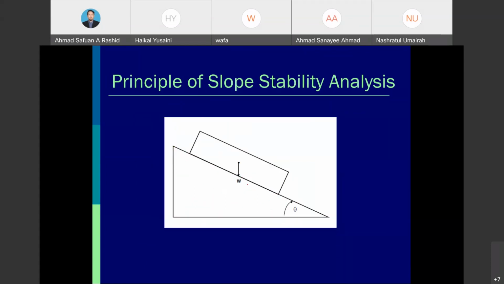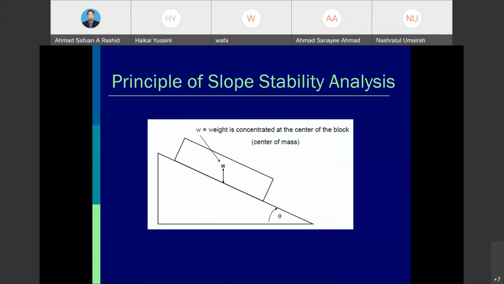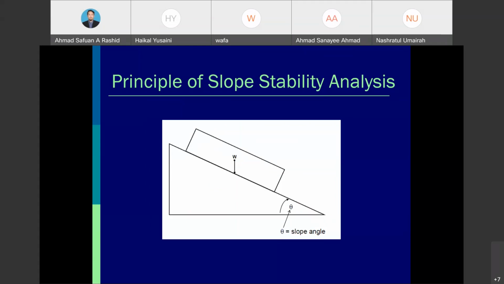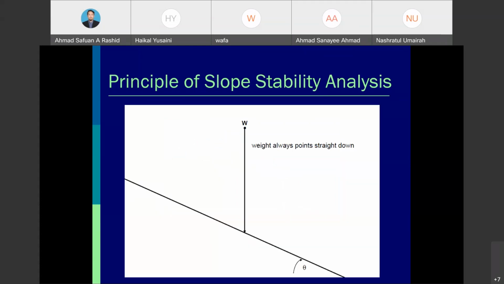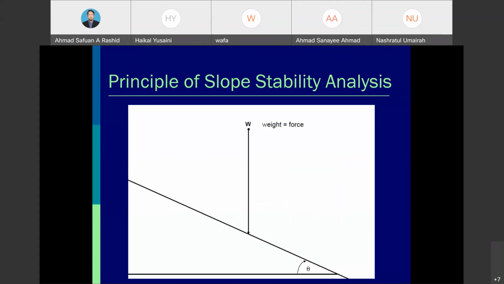Then we put in a diagram. The weight is concentrated at the center of the block, which is the center of mass, and theta is the slope angle. Now we focus on the W. Weight always points straight down due to gravity.